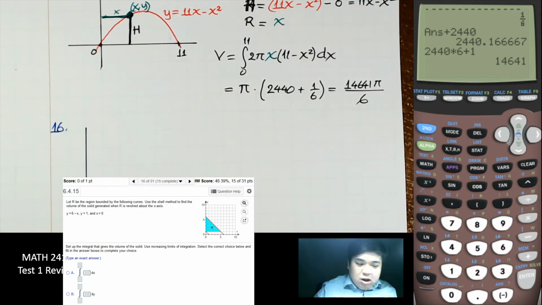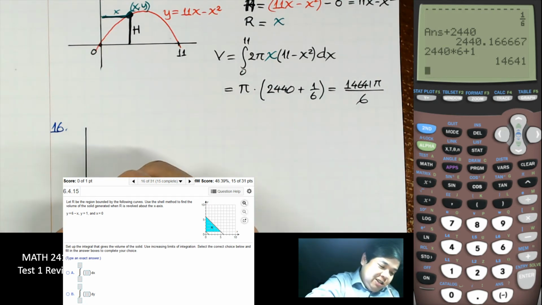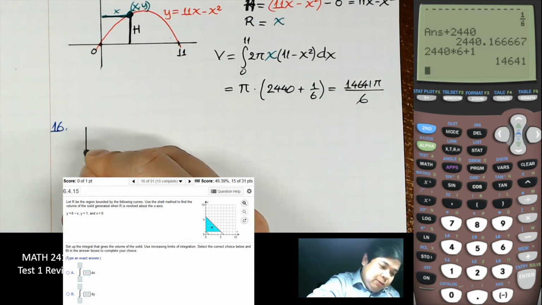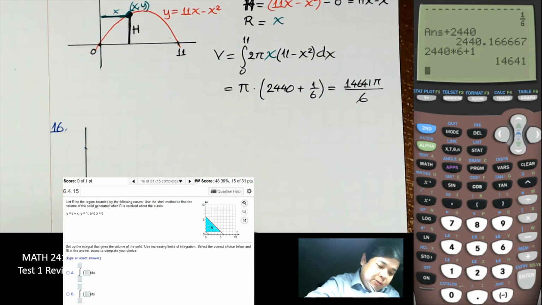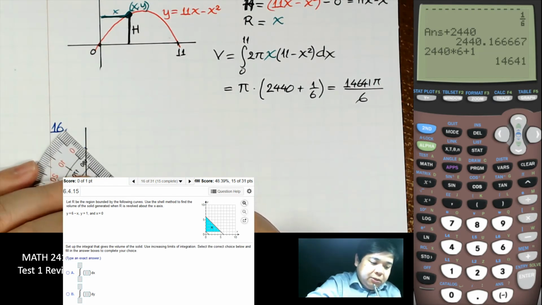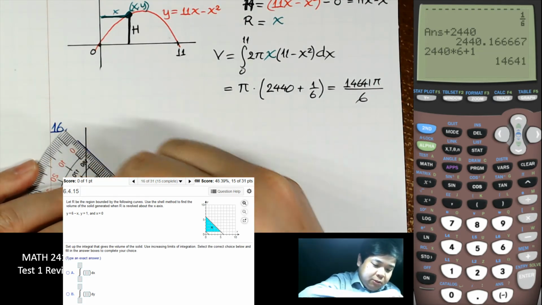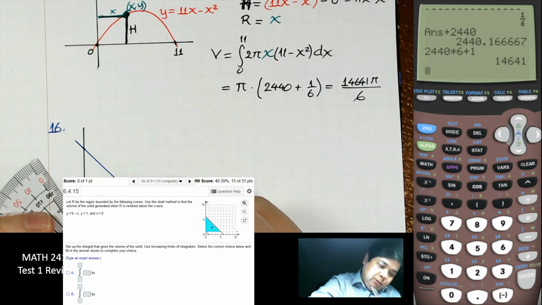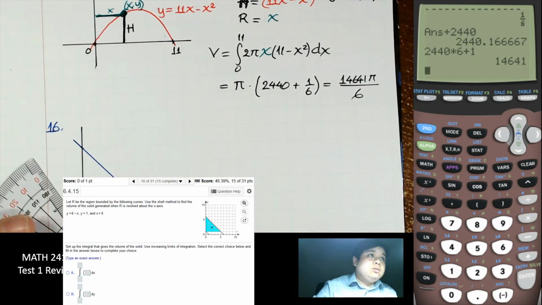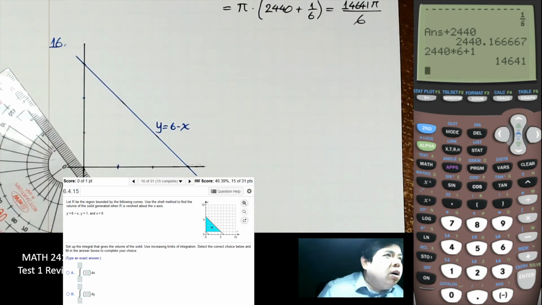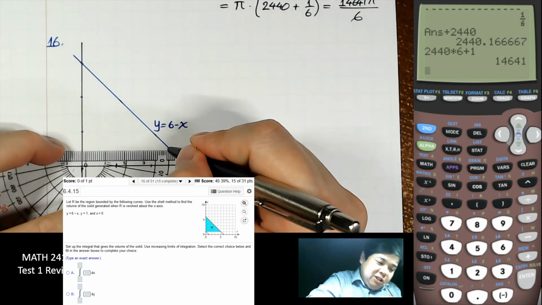Right, y equal to 6 minus x. y equal to 1.